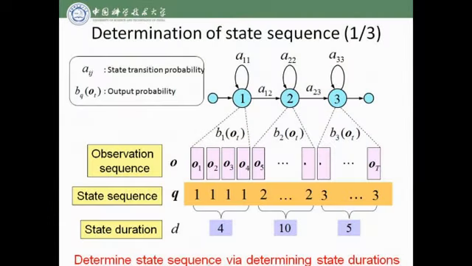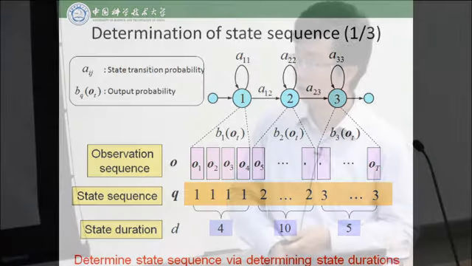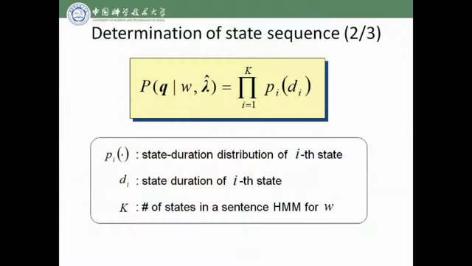We have introduced that in our method, we use the HMM of the left-to-right topology. So that means if we want to determine the state sequence of a hidden Markov model, it is the same as determining the duration of each state. So at training time, we estimate the state duration distributions for each state, which is the p function.